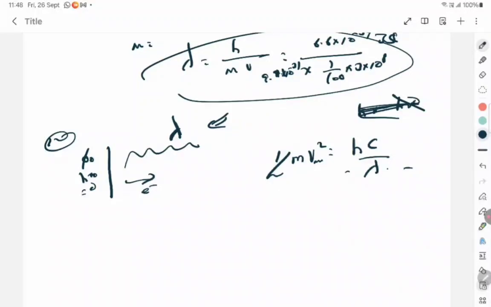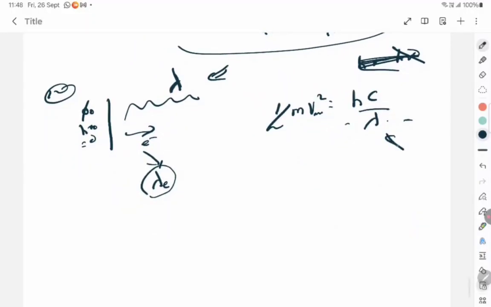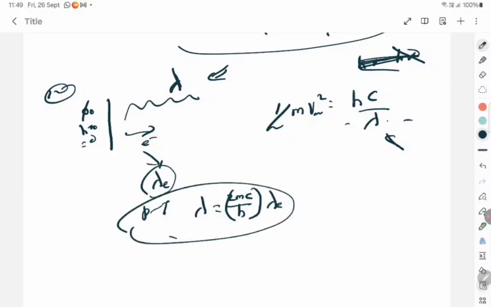If the photoelectrons emitted from the surface have de Broglie wavelength lambda e, prove that lambda is associated with lambda e in this way.